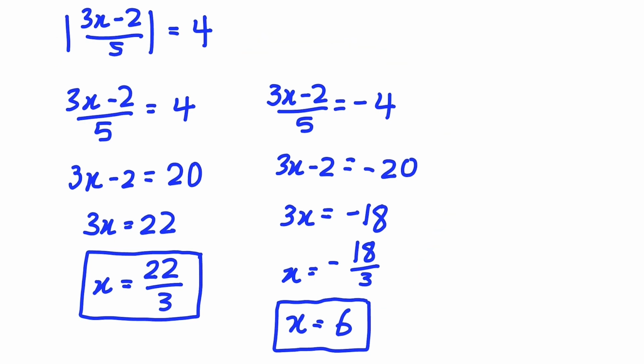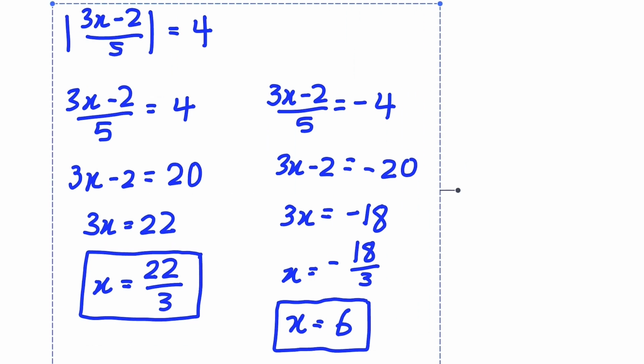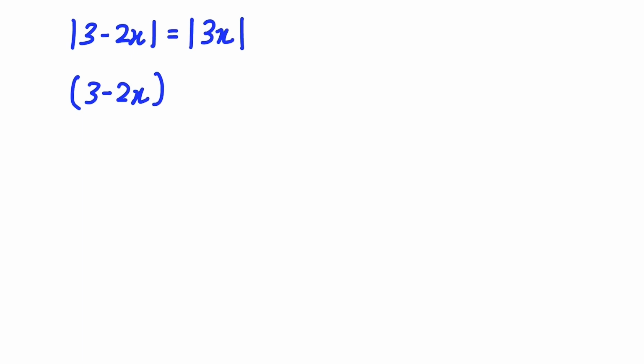Okay, now let's try the squaring both sides method. Let's take a simple one, negative 2x equal modulus of 3x. You could pause the video as well. So we will square both sides.